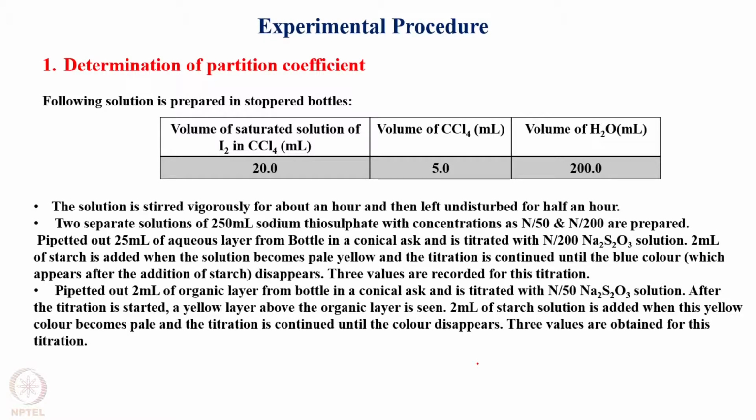So in the first part of the experiment, we prepared a stoppered bottle which contained a fixed volume of saturated solution of I2 in CCl4, 5 ml of CCl4 and 200 ml of water. After stirring for 1 hour and then letting it settle for another half an hour, the aqueous layer and the organic layers are withdrawn and the titrations are carried out.